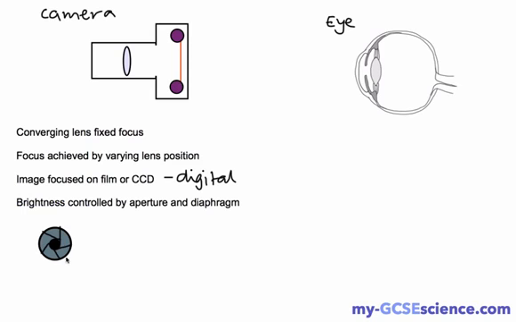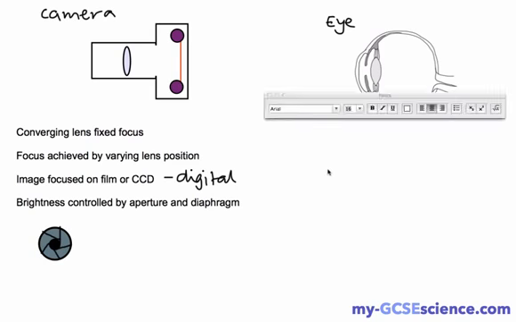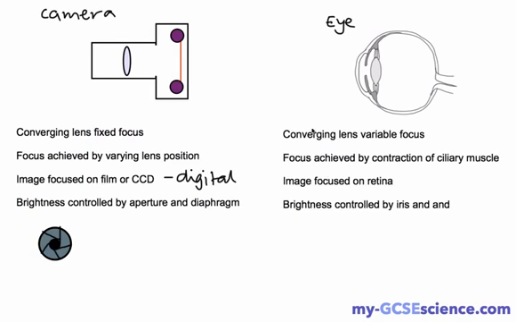So that looks a little bit like this. If you look at the front of a camera, we've got our aperture, which is that slightly bluey color. Sorry, the diaphragm is the bluey color, and the aperture is the hole in the middle. So this is a bit like our iris and our pupil. In terms of our eye, we've got a converging lens with a variable focus, and we've looked at that previously. The lens can actually change its shape because it's quite a flexible object.